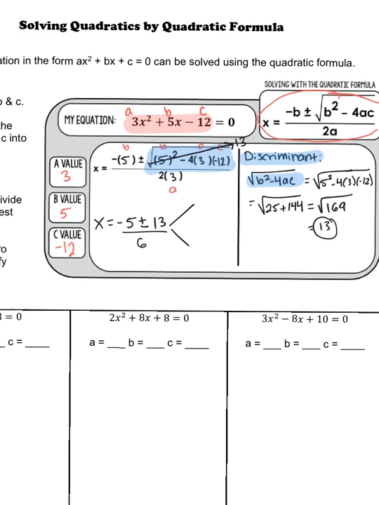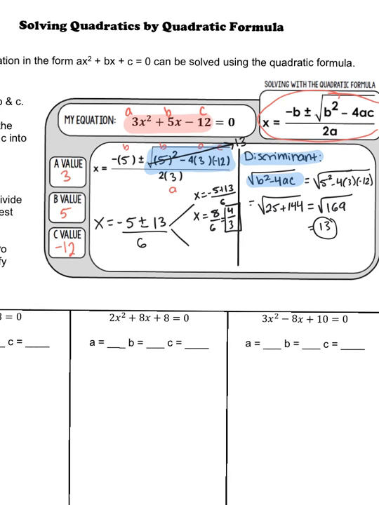So your 2 fractions are -5 plus 13 over 6. -5 plus 13 is going to give us a positive 8 over 6. I can take a 2 out of 8 and a 2 out of 6. So 8 divided by 2 gives me 4, and 6 divided by 2 gives me 3. So 4 over 3 is one answer.